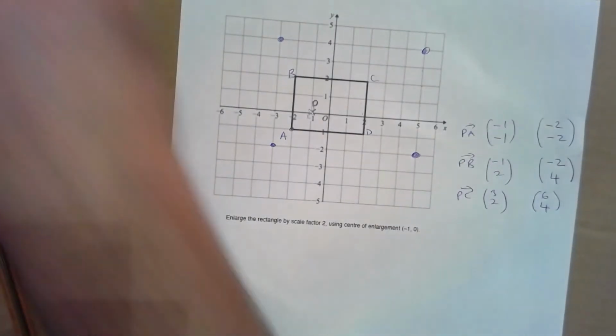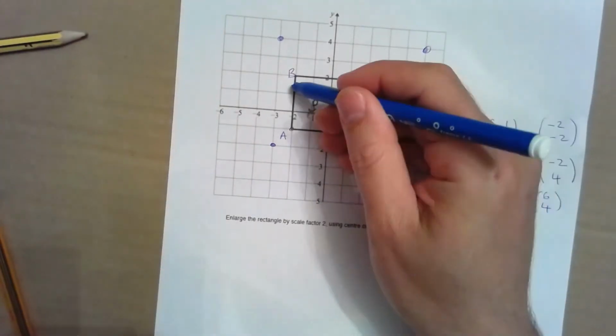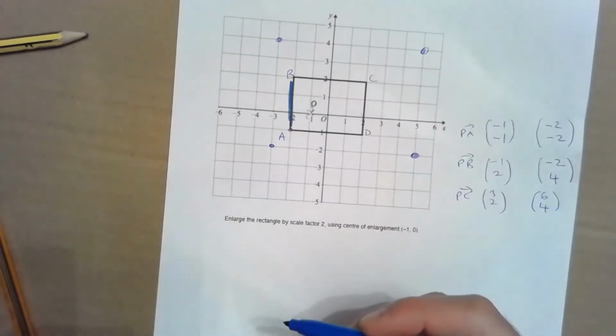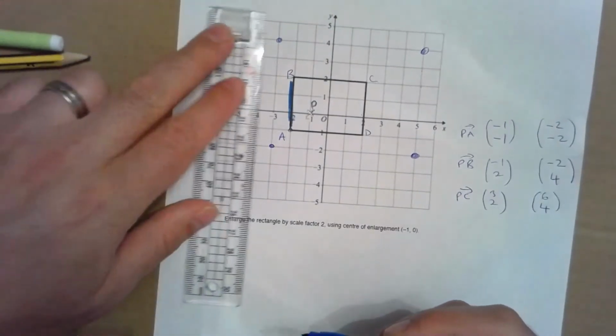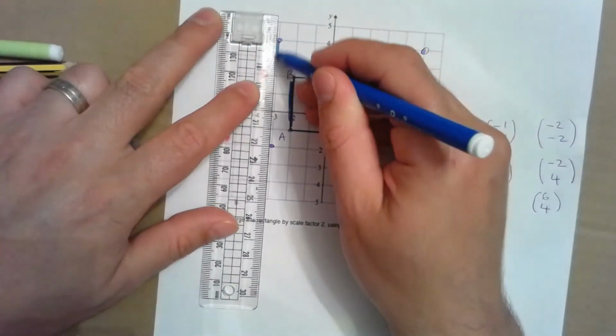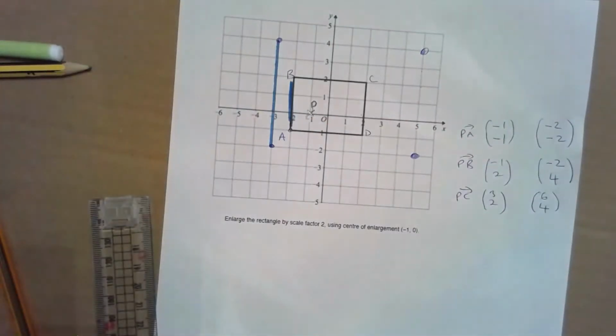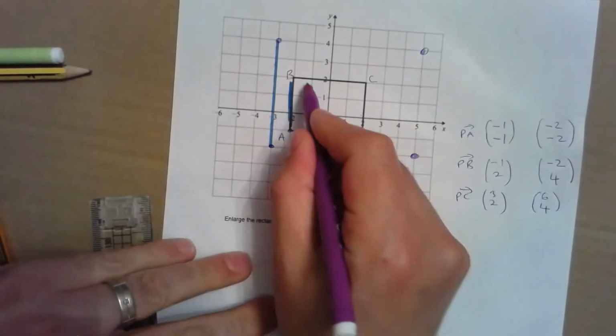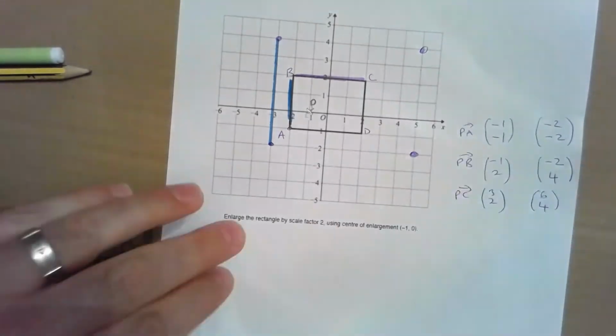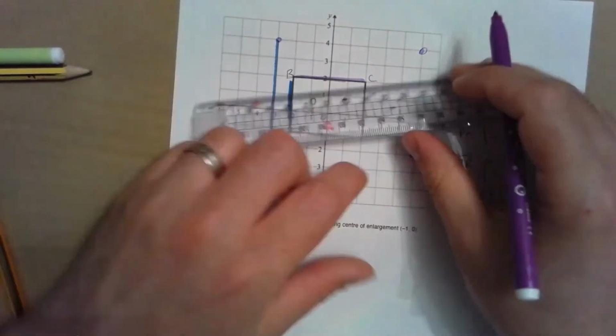Okay. So we've got AB is transformed to here. BC is transformed to here.